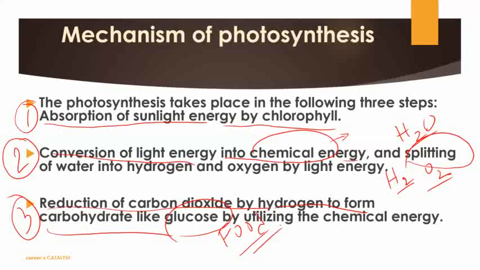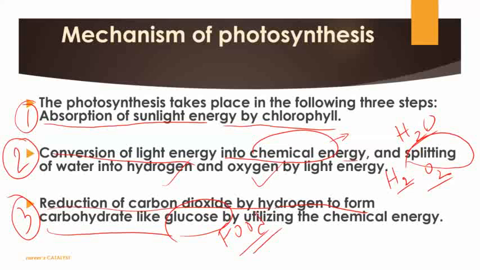In the first step, at first it will absorb or trap solar energy. For that, the plant has a special green pigment that is named as what? Chlorophyll, which is utilized, or simply they are able to trap solar energy. In the next step, that solar energy will get converted into chemical energy, and that chemical energy will be used to split water into hydrogen and oxygen.